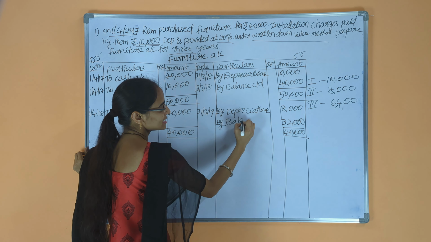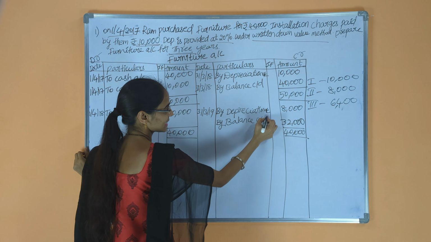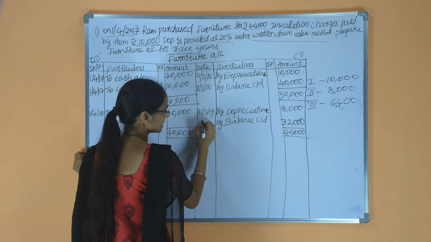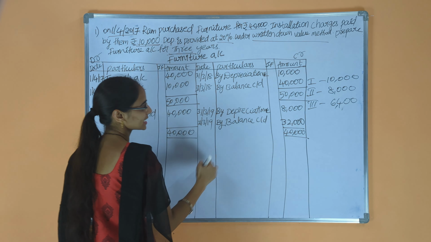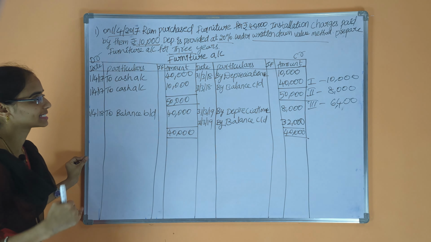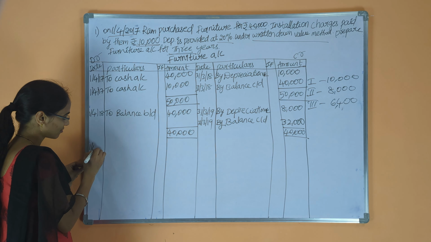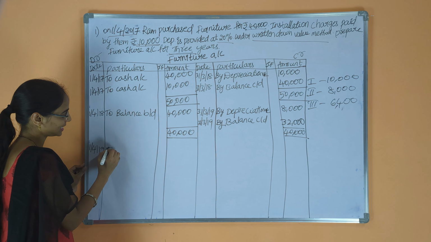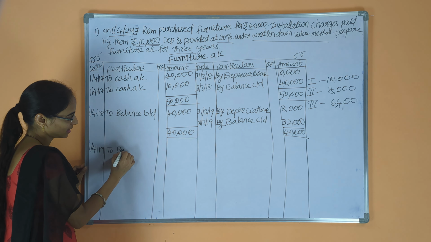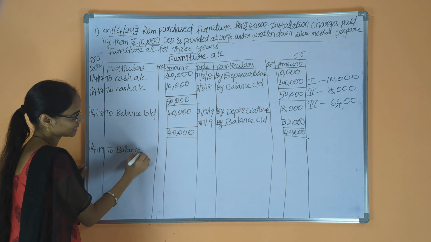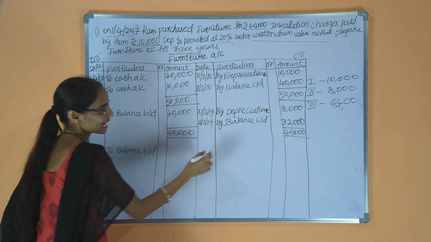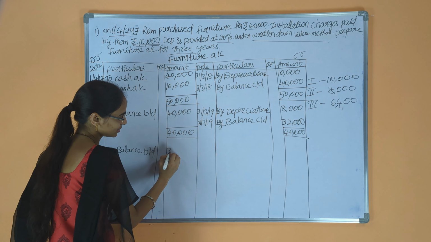By balance carried down. On which date? 31st March 2019. This year closing balance is the next year opening balance. So that next year is 1st April 2019 to balance brought down. Balance brought down amount is 32,000.